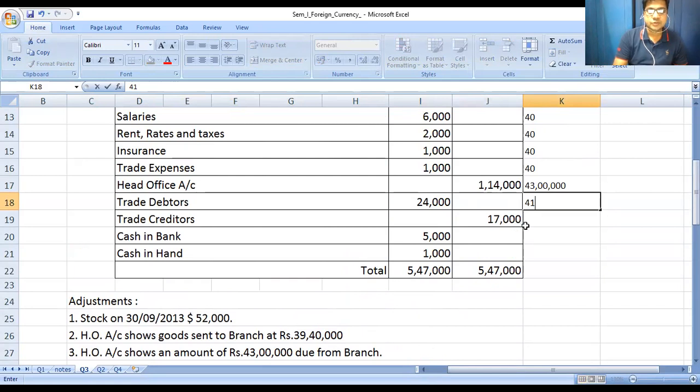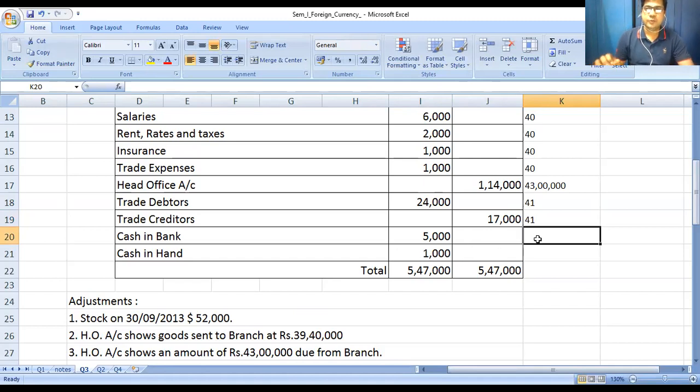Creditor 17,000 US dollar is also a balance sheet item. We have to use closing rate rupees 41 per dollar. Then cash in hand and cash in bank, 5,000 US dollar and 1,000 US dollar, are also balance sheet items. We have to use closing rate 41. I hope you understood what is going on.